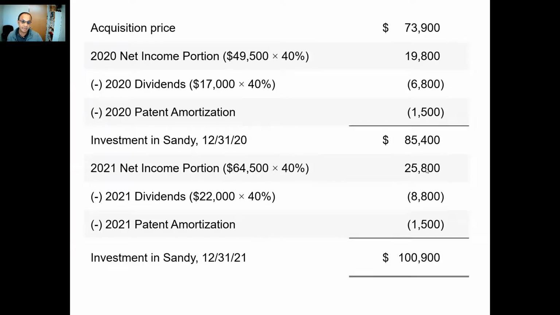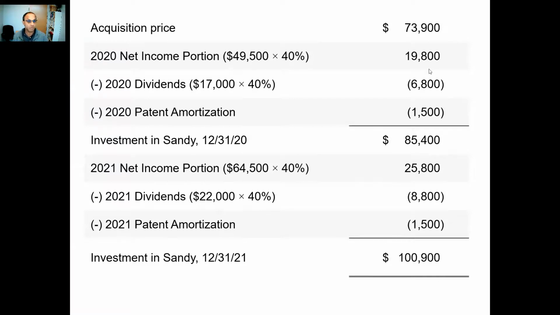And then we add the net income, subtract the dividends of 2021, subtract the patent, and we end with the investment in 2021.